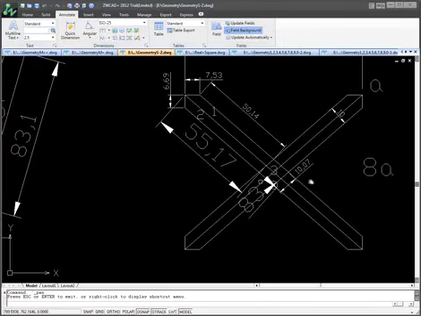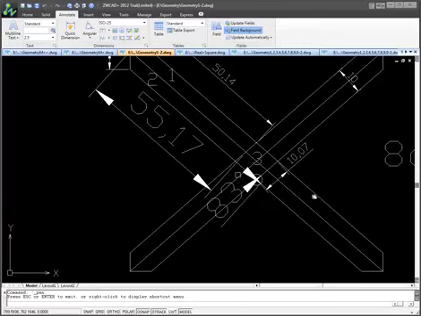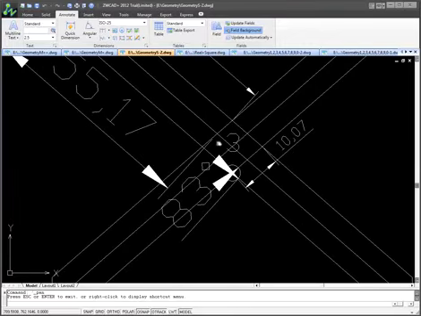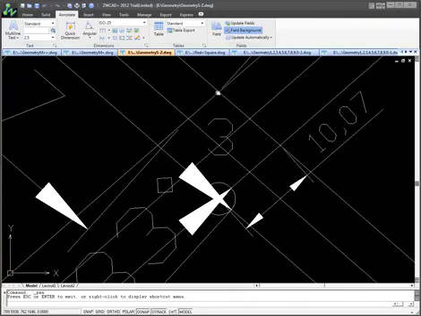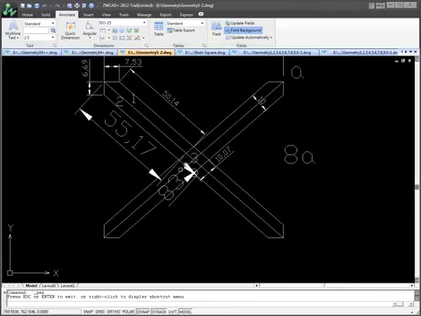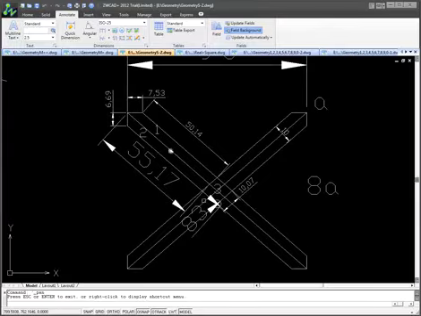Similarly, these are not 45 degree angles, so the angle is also different. And the angle is indicated here. This is the 7 degree angle for the rhombus, the vertical angle.